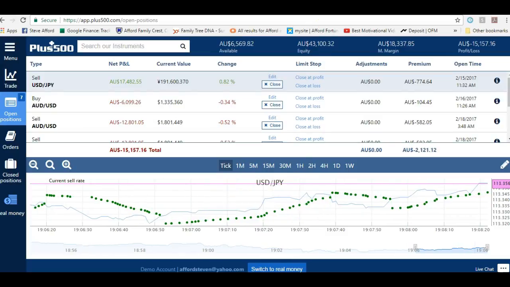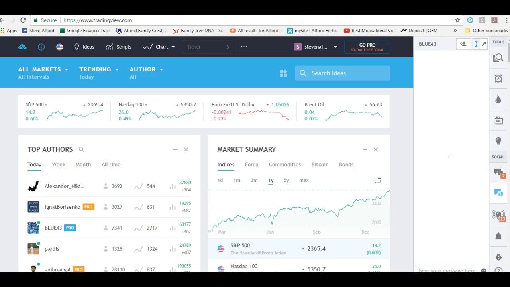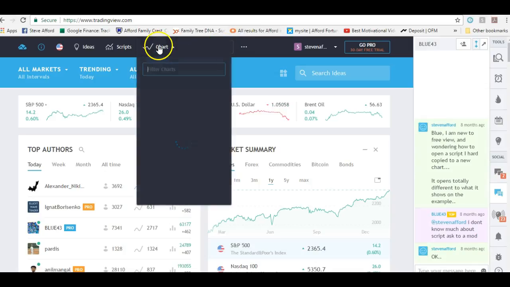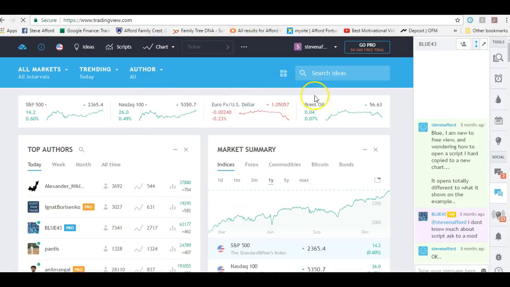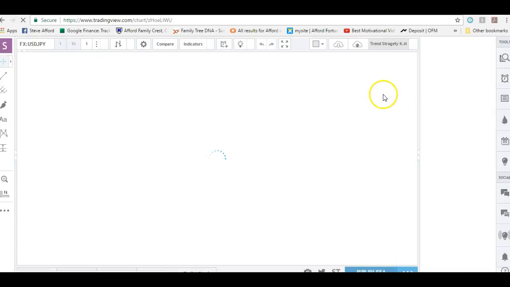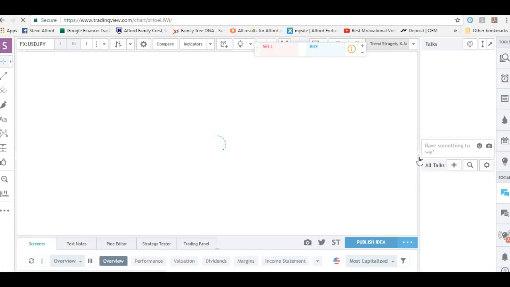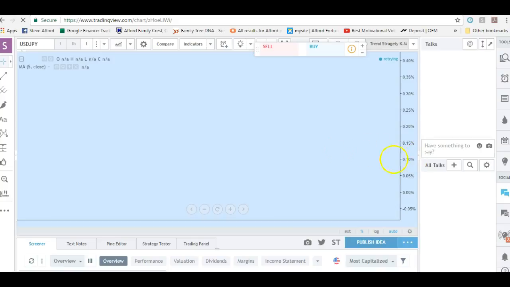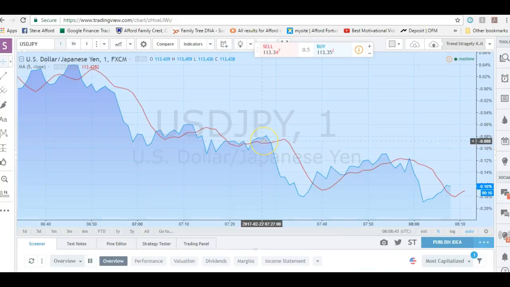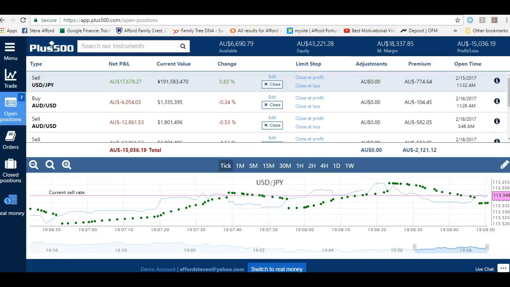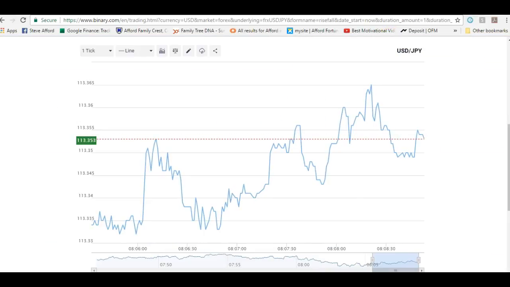Now, I'm using a free charting system to locate and support a particular asset or currency pair that I'm following, and making trades accordingly on the live account, of course. But what I'm showing here are basically just signals, where I find my signals in order to trade successfully in binary and forex. I'm using free charts here.